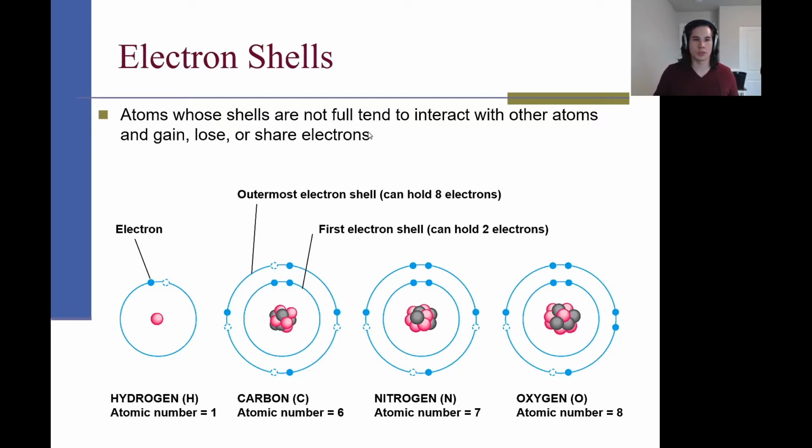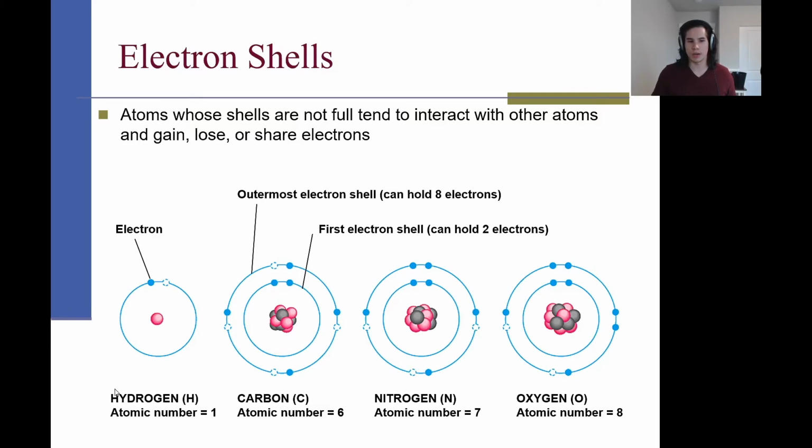So atoms whose shells are not full tend to interact with other atoms and gain, lose, or share electrons. Your outermost shell, so this is labeling the outermost shell, can hold up to 8 electrons, and the first electron shell can hold 2.